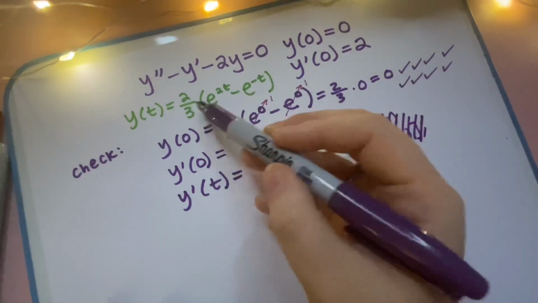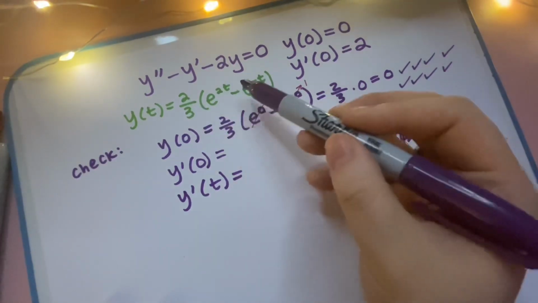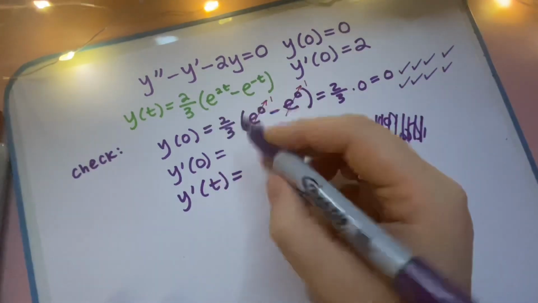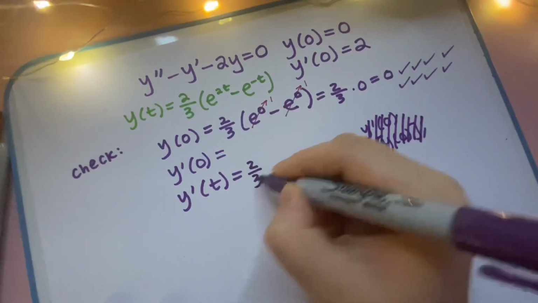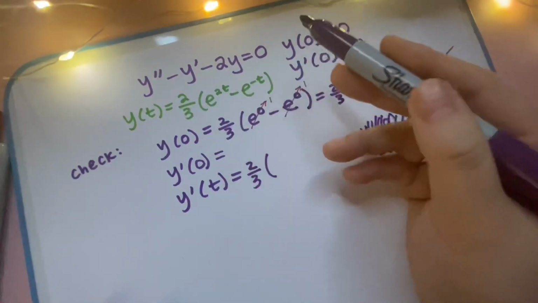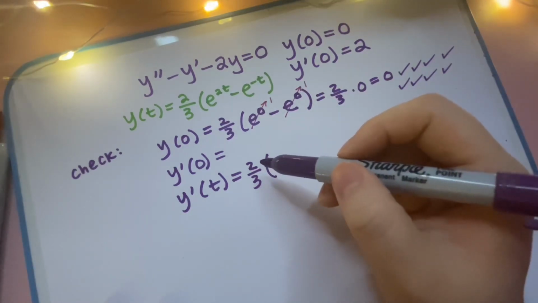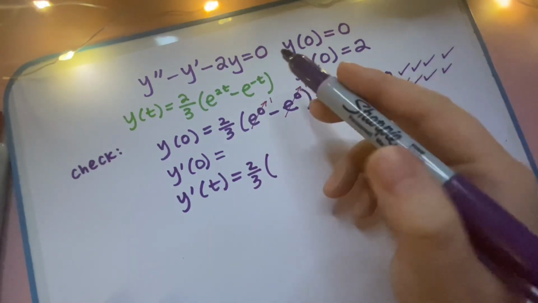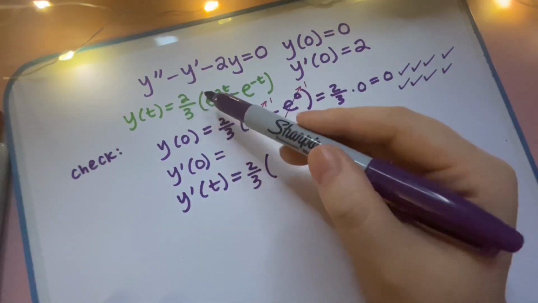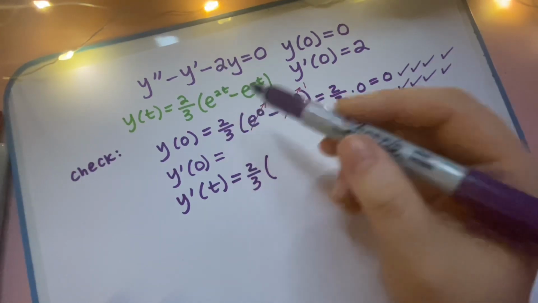So we have to take the derivative of this first. Let's take the derivative of 2/3 times e to the 2t minus e to the negative t. We can keep that constant. It's up to you how you want to do this. If you want to distribute the 2/3, that's fine, but it is a property of the derivative that you can pull out a constant multiplied in front, because the derivative is linear.